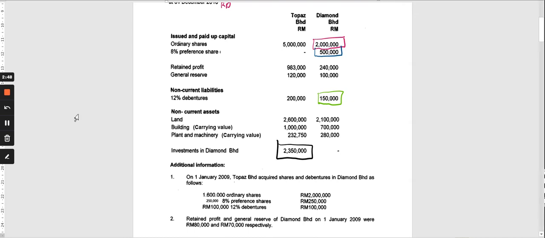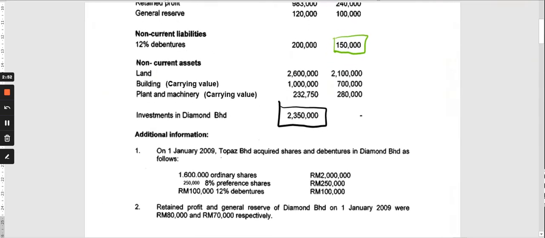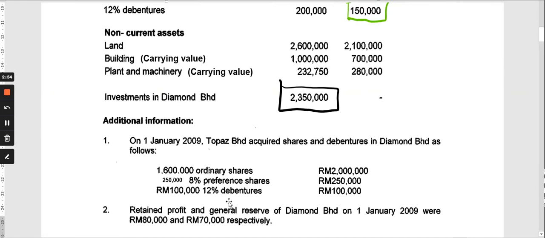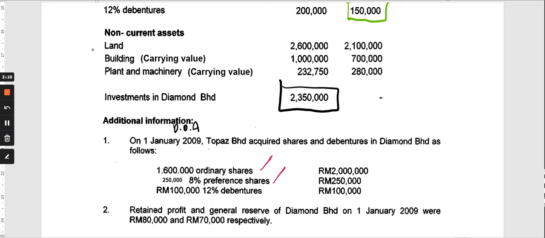And for your information, if you read the additional information at the bottom here, on 1st of January 2009, this is the date of acquisition. That is true for ordinary, preference, and 12% debenture.